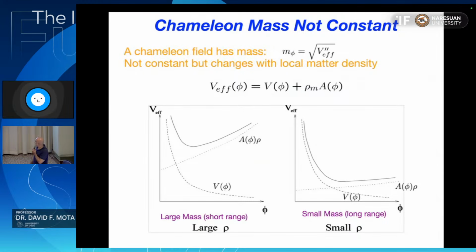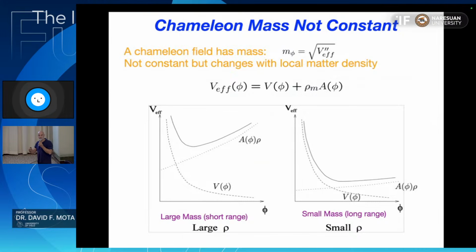When the density is very high, my effective potential is very steep, and that means the second derivative of the potential is very large. When the density is very low, so this line comes down to here, the effective potential becomes very wide open, and the second derivative is very low, and that means the mass becomes very small.